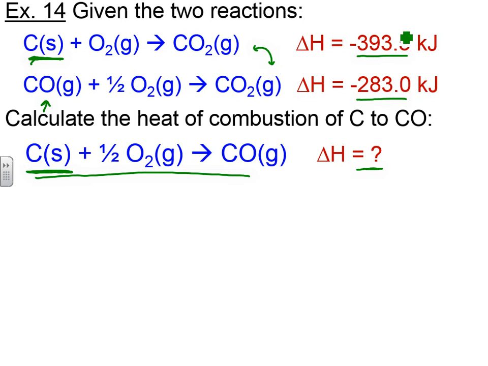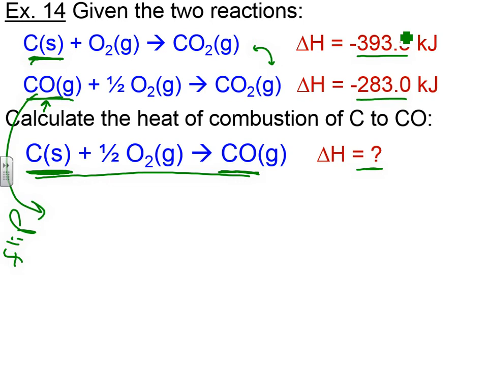The second equation, however, will provide CO2 for us. Now CO2, notice, is on the right side of our equation, on the product side. So we will need to flip this equation. You can go ahead and write flip if you'd like here. So that equation will need to be flipped. As we flip the equation, we're essentially making products reactants and reactants products.